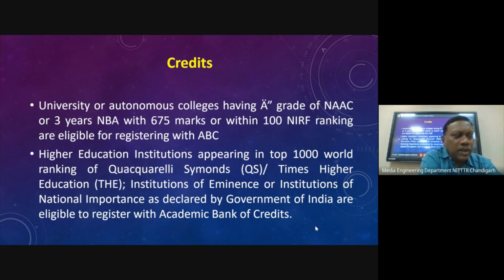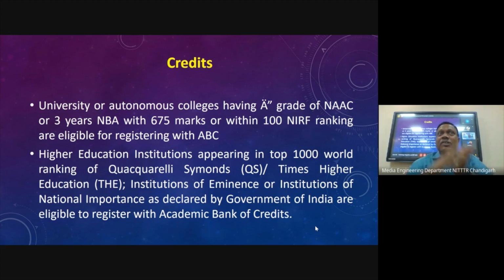where the NBA accreditation, as you know, can be no accreditation, that is 0, or a provisional accreditation, that is 3 years, and a full accreditation, that is a maximum of 6 years. If an institute scores more than 600 out of 1000, then they get 3 years accreditation. But here also they have put a rider. Even if you have a 3-year accreditation, if your score is less than 675, simply 600 with 3 years accreditation will not be enough.